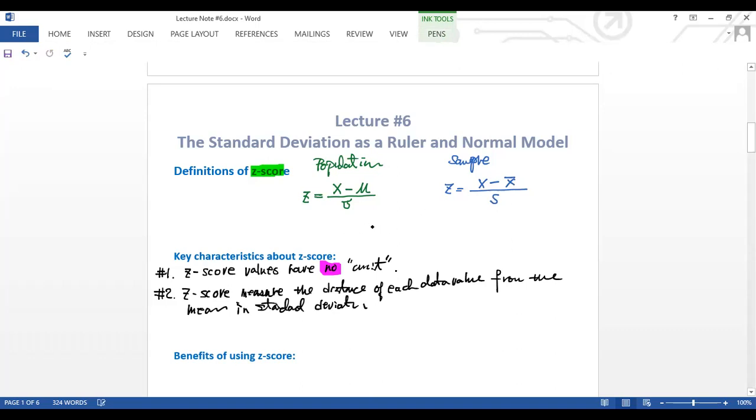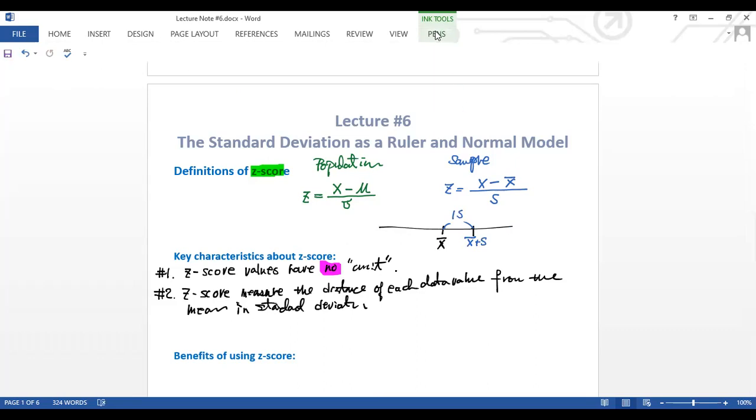So let's see here, let's use the sample. If this is x bar here, right? From here to here, if I said the difference is 1 sigma, that means this will be x bar plus s, right?